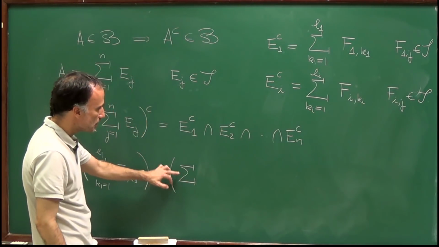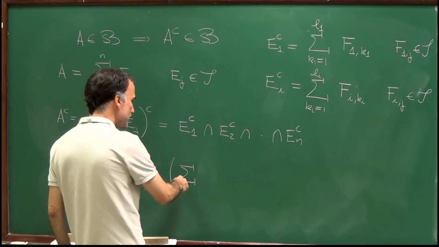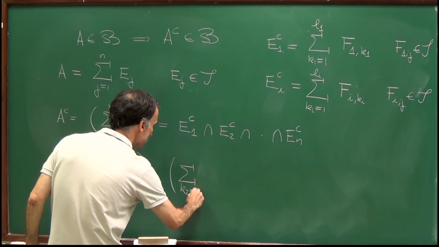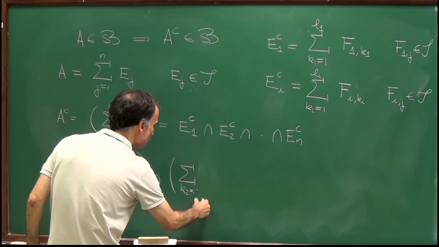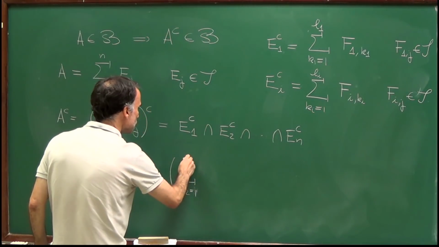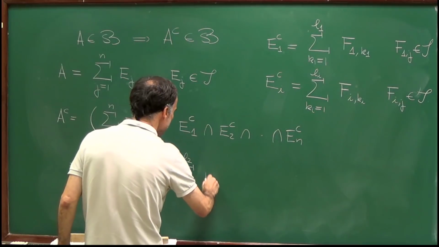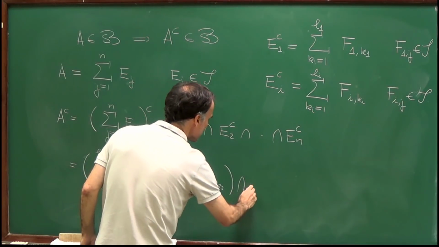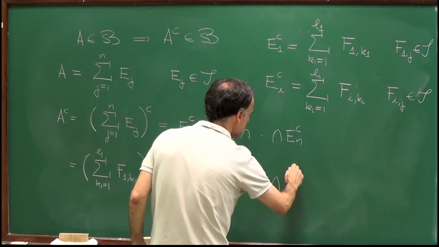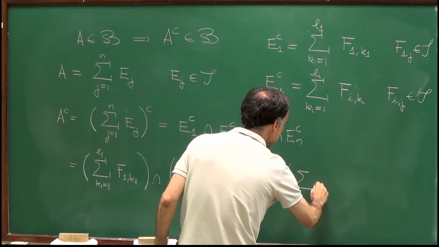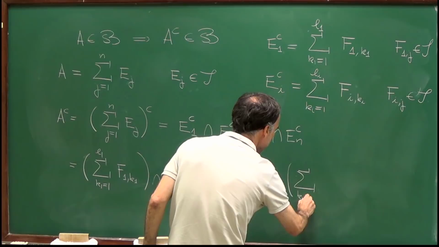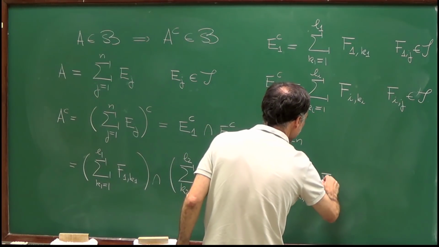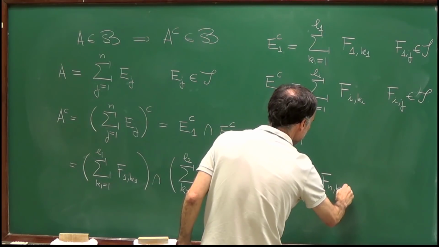Remember that this symbol means that we are taking the union of disjoint sets. So a union over K2 from 1 to L2 of F_2K2, intersection, the disjoint union over Kn going from 1 up to Ln of F_nKn.